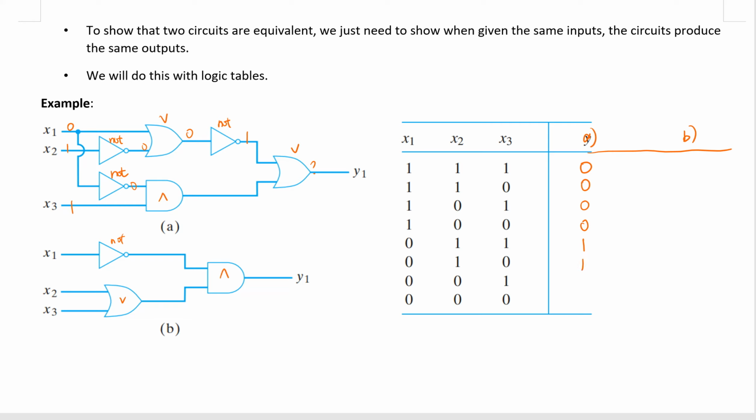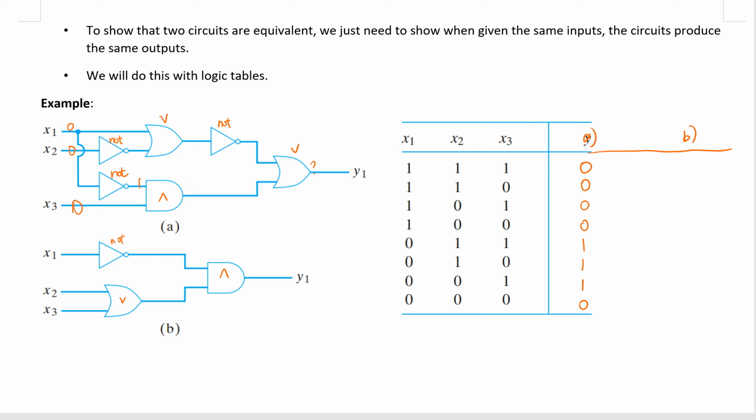Okay, so next 0 1 0. Now this gives us 1, not 1 is 0. Here, not 0 gives us 1, 1 and 1 is 1. Oh, 1 or 0 is 1. Alright, finally 0 0 0. Oh, so 1 and 0 will give us 0, 0 or 0 is 0. So far so good, everybody?